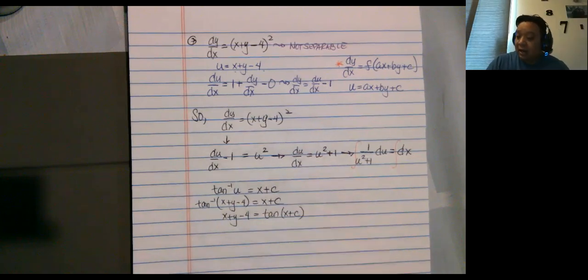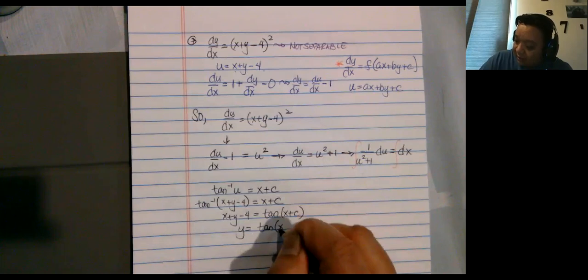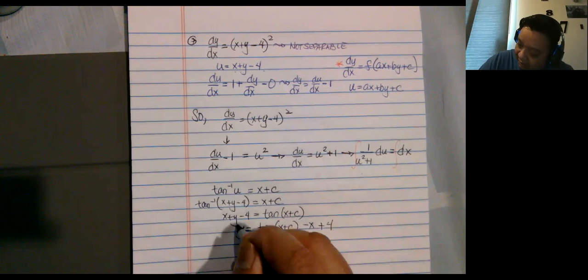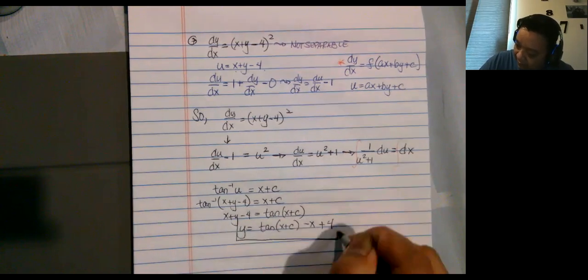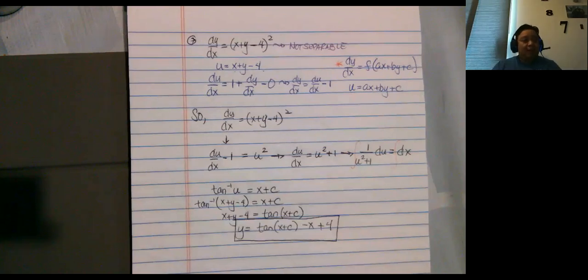Then move the 4 and the x, so y is equal to tangent of (x plus c) minus x plus 4. And there is your answer. Any questions on that?